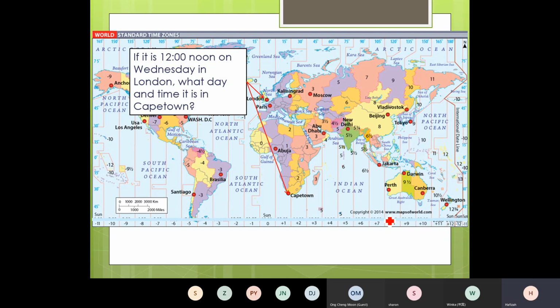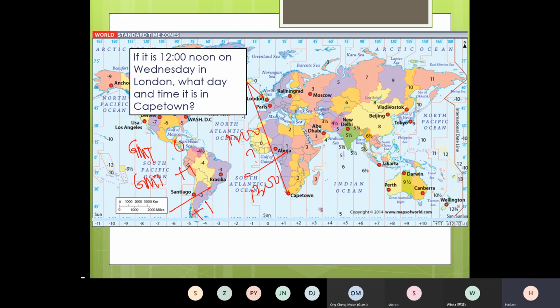So, if it's 12 noon in London, what is the time in Cape Town? GMT 0, and Cape Town is GMT plus 1. So, here is 12 noon. What is the time here? The difference is plus 1 hour. So, the time is, what is the answer, Sharon? 13, Miss. 13.